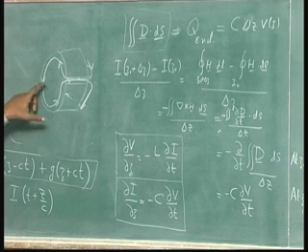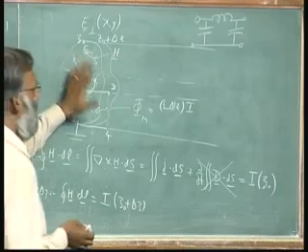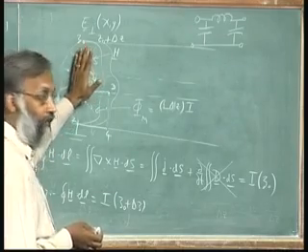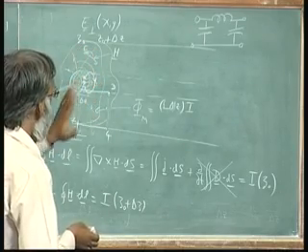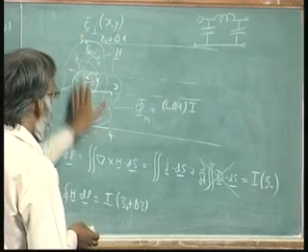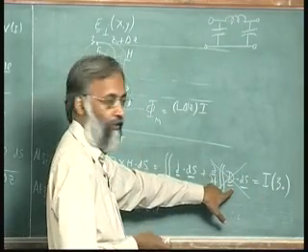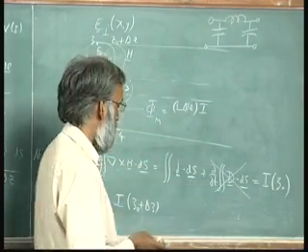It is important to realize that we have used a lot of the ideas in TEM waves. For instance, when I did this integral, I said dz is 0. Otherwise, when I did the integral at one particular z naught and I got curl of h is equal to I, I could not have dropped this d dot ds.